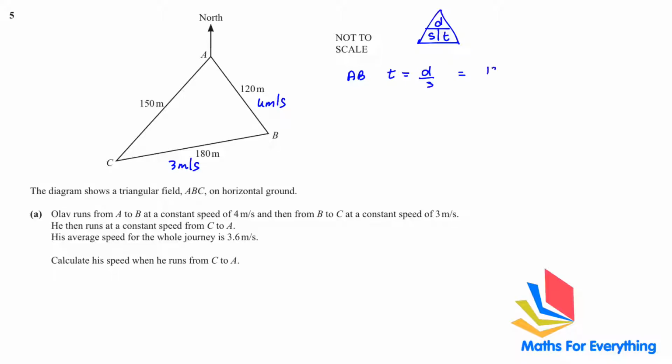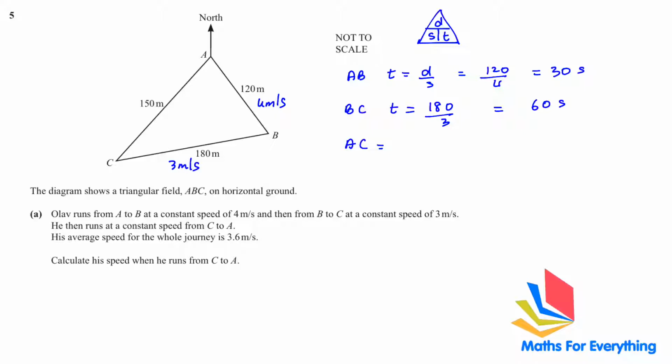Our distance is 120 and the speed is 4, so we are taking 30 seconds here. From B to C, distance is 180 and speed is 3. Therefore, 60 seconds.